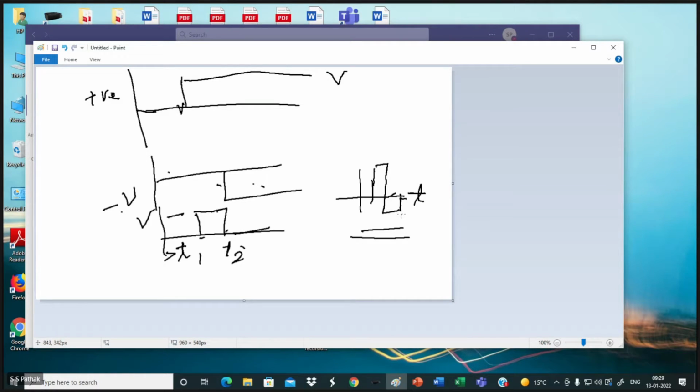It is not a pulse. A pulse can be negative also. Means what? I can write a pulse like this. Here I have applied a negative voltage, and here I have applied a positive voltage. So this and this cancel. This and this becomes your minus V. This is your 0. So 0 to minus V, it is going.